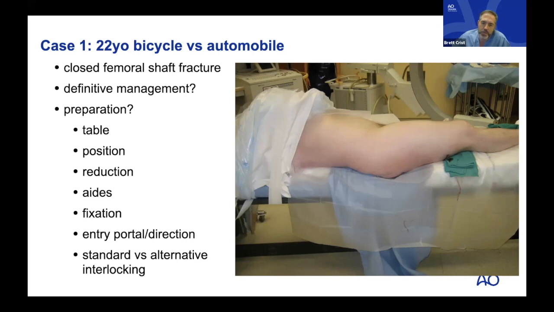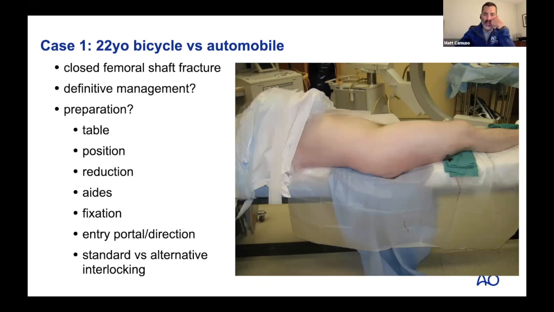So you can get sag, and you can use different things to try to push up the sagging segment. I think it just allows you to not only move or position the leg where you want it, but it also allows you to get a better idea clinically as far as what the alignment is. I'm not saying that it's always easy with the patient in an oblique position or even more lateral than this, but it at least gives you a way to look at the entire limb in addition to being able to move it however you need to.